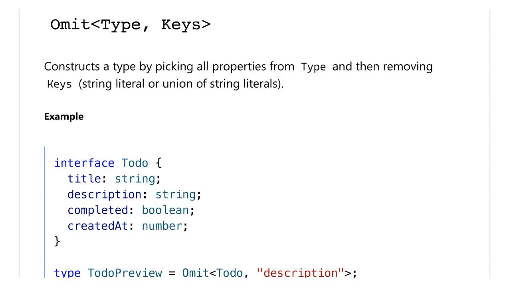Omit<Type, Keys> constructs a type by picking all properties from Type and then removing Keys (string literal or union of string literals).